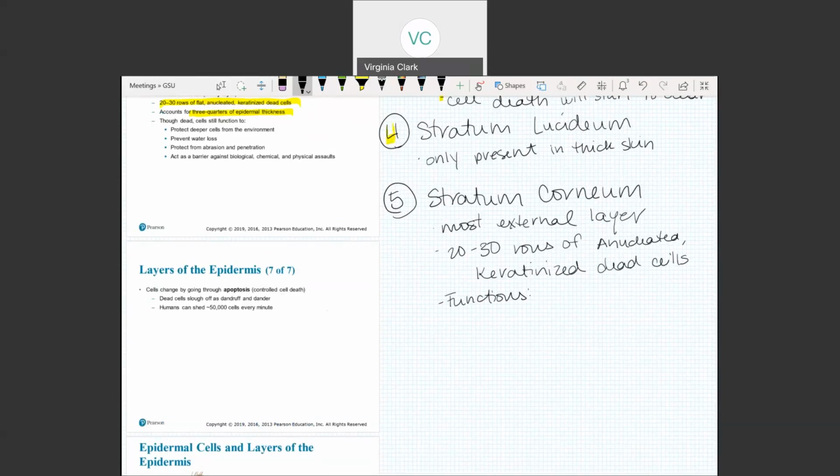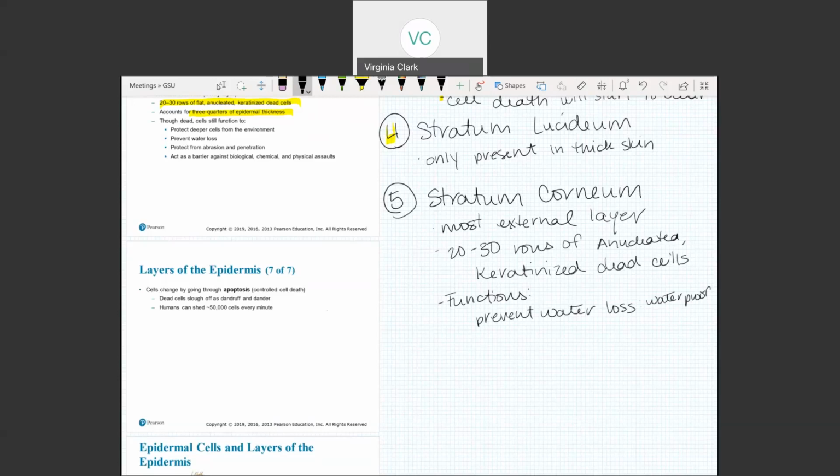So the functions of the stratum corneum in these particular cells is they are actually going to prevent water loss. They have become an impermeable water barrier, so it's essentially waterproof. So now your skin is waterproof, with these cells and the glycolipids.